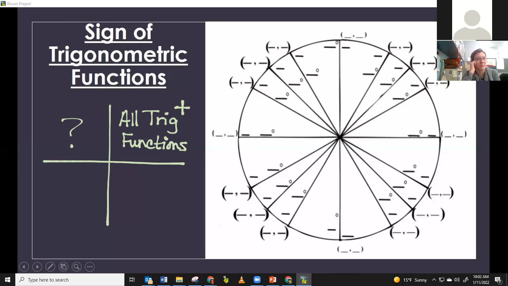Which trig functions would be positive in quad 2? Are my x's positive? Are my y's positive? Are they both positive? Remember, the radius of our circle is always going to be positive.